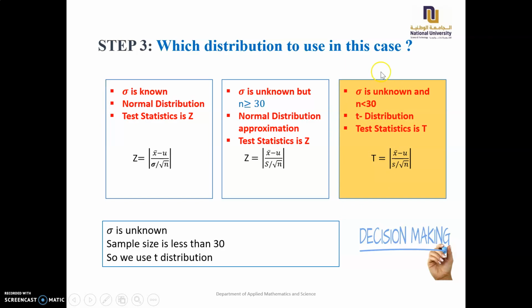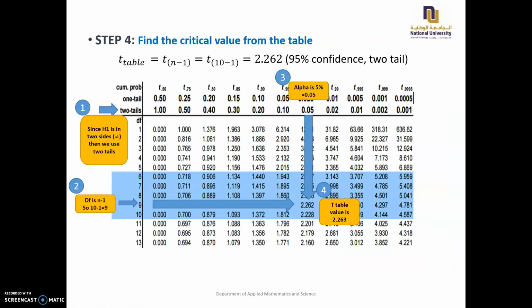So your test statistic will be t, and this is the formula. Your x bar is the sample mean, mu is the population mean, s is the sample standard deviation, and n is the sample size. How to compute x bar and s, the sample standard deviation, we will see later on.